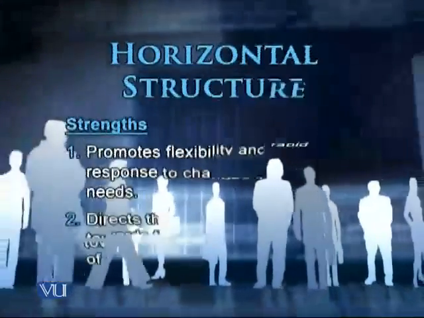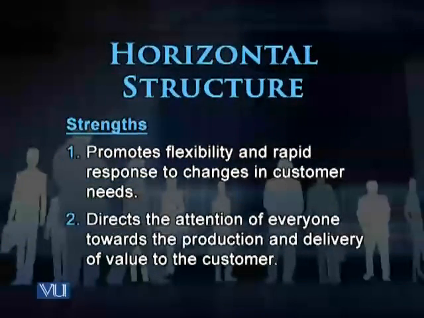Similarly, in a divisional structure, the same will apply. But in a horizontal structure, since you are owning the process right from the first step to the final step, and you own the process in its entirety, and you are responsible and accountable for the whole segment of that process, and you are also given the skills to do your work, and you know that there are further cross trainings coming up in the future, you will be looking at the end user from the point of view of performing your duties.